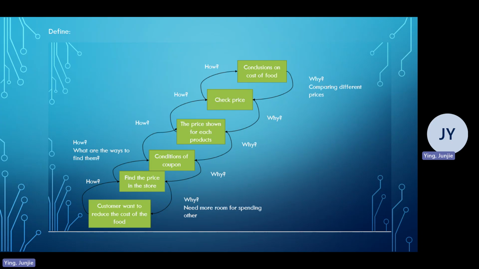Why do some families go everywhere to find the best and cheapest food possible, and what will they see on the coupons?